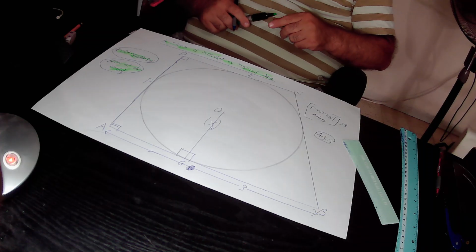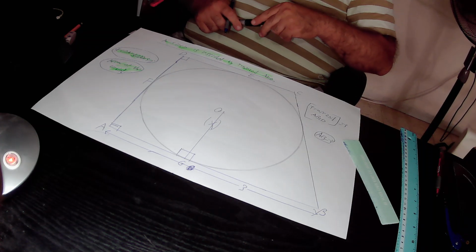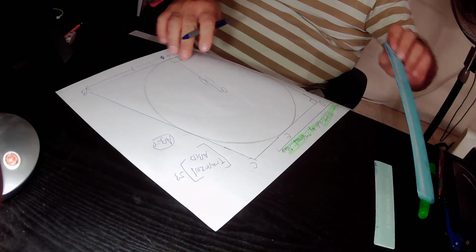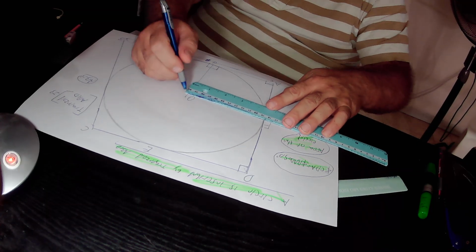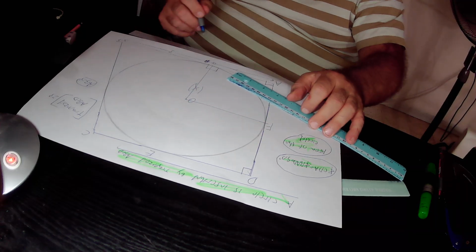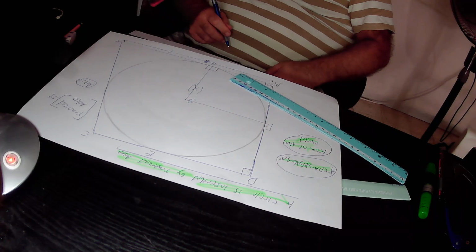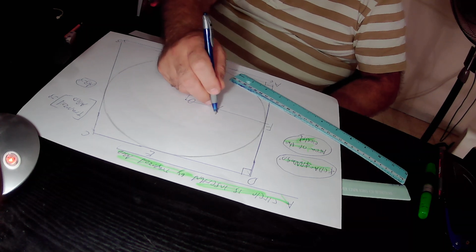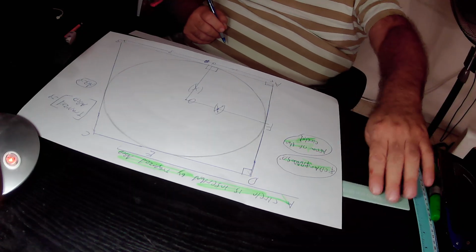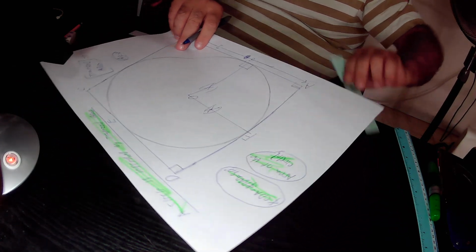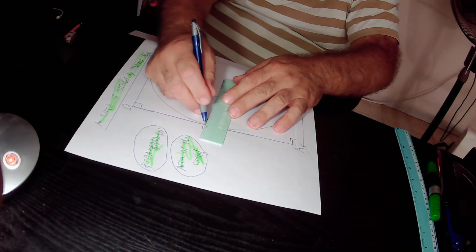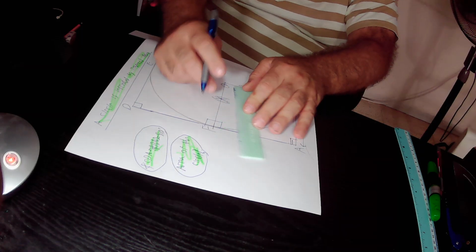In the next step, we'll join points O and F together by a straight line. OF is of course the radius of this circle, equal to X. And according to rule 1, this angle equals 90 degrees, and this angle also equals 90 degrees.